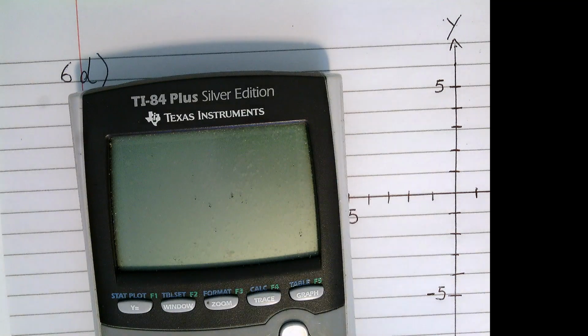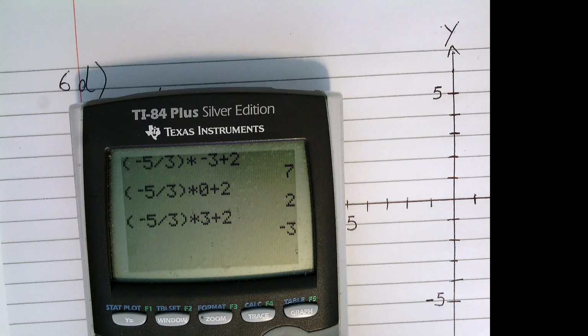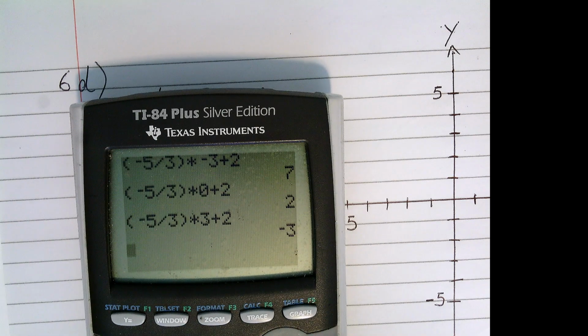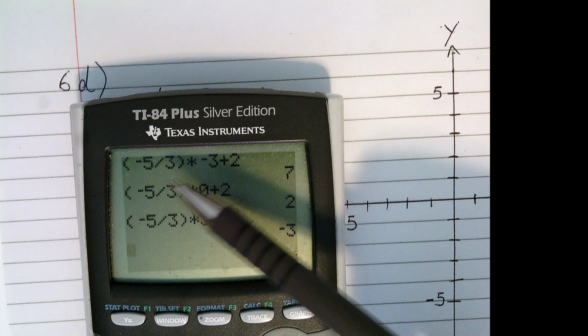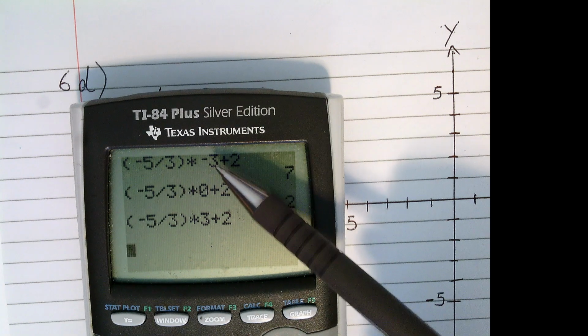Here I am going to show you the 3 calculations. -5/3 times x, because for the first number I put x equal to -3.